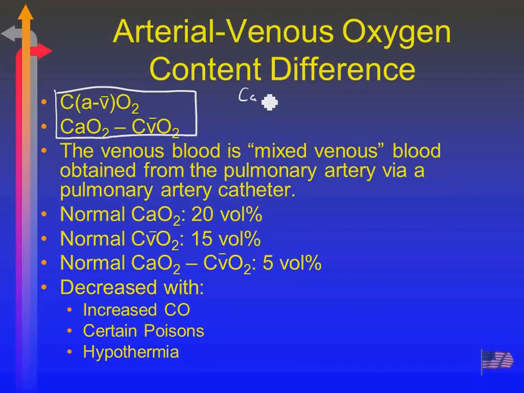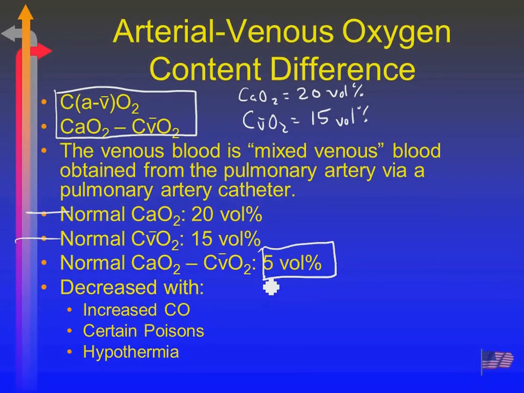Normal oxygen content in the arterial system is about 20 volumes percent. Normal oxygen content in the venous system is about 15 volumes percent. So the normal difference is about 5. So I'm leaving with 20, coming back with 15.